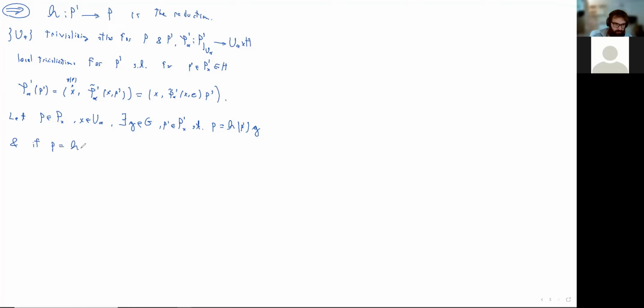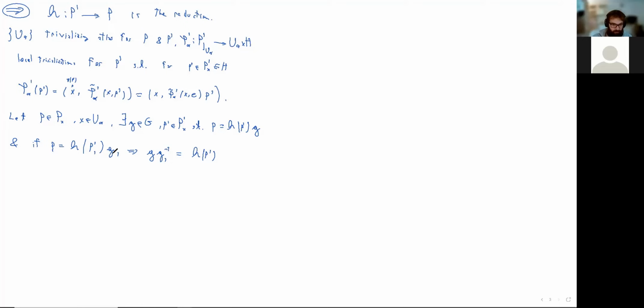So let's say that p is also h of p prime 1 times g1. Then let's just see what happens. You see that this g is p composed h p prime inverse. Actually, h p prime inverse composed p, sorry.